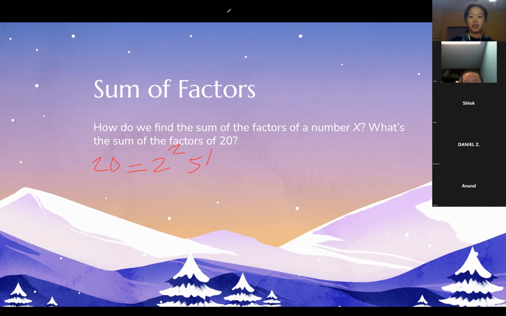We're gonna look at 2 first. Basically what we're gonna do next is find the sum of all the powers of x. Here, I'll just show you guys. This is what 2 becomes. And then 5 becomes 5 to the power of 0 plus 5 to the power of 1.